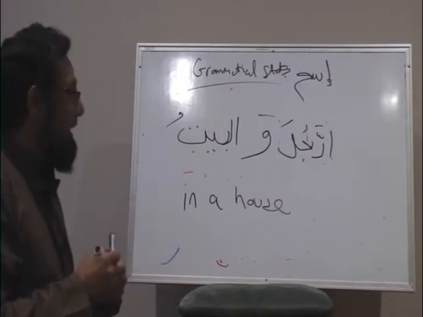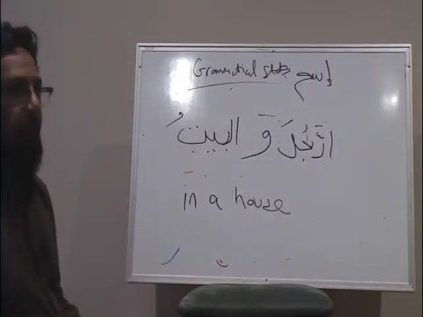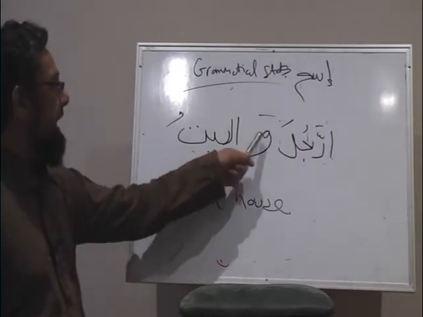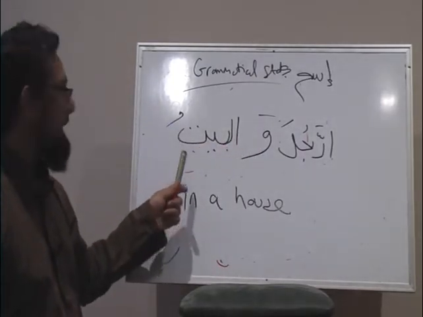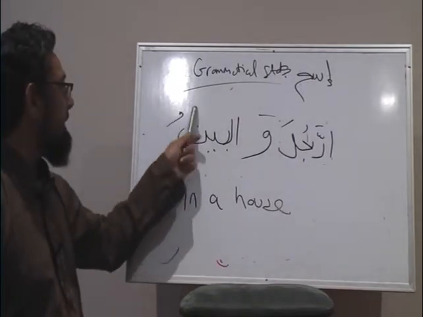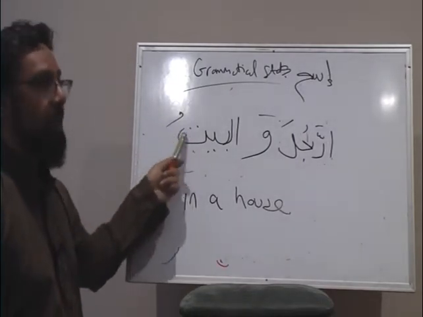So wa is a non-governing agent because it hasn't converted it to a jar or a mansub. It hasn't done anything to it. It's kept it in its neutral form, which is the dhamma.